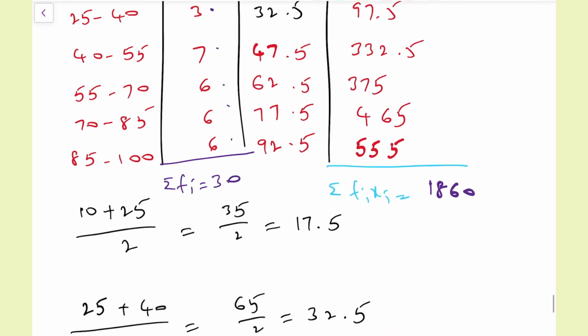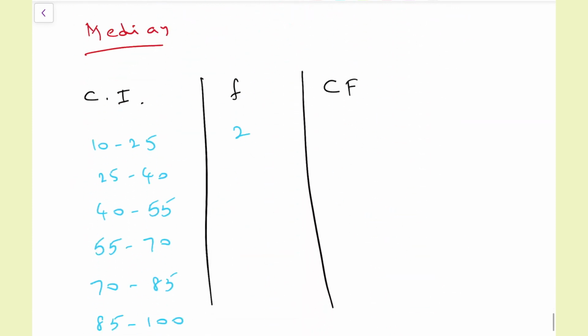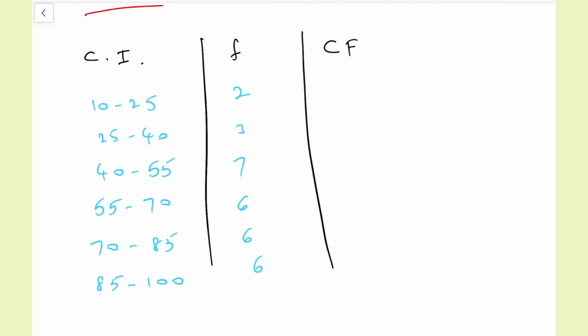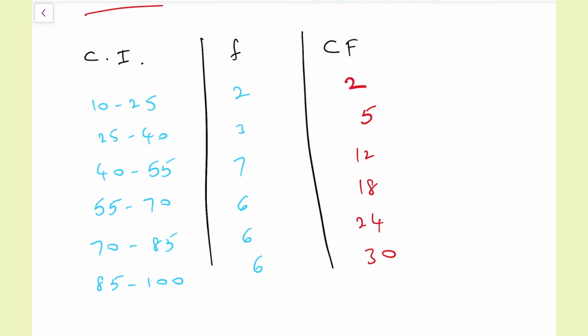Now writing frequencies, 2 3 7 6 6 6. Now cumulative frequency, or least cumulative frequency, or simply CF. Write the first number as it is. Keep on adding now. 2 plus 3, 5, 5 plus 7, 12, 12 plus 6, 18, 18 plus 6, 24, 24 plus 6, 30. This is LCF or CF, cumulative frequency.